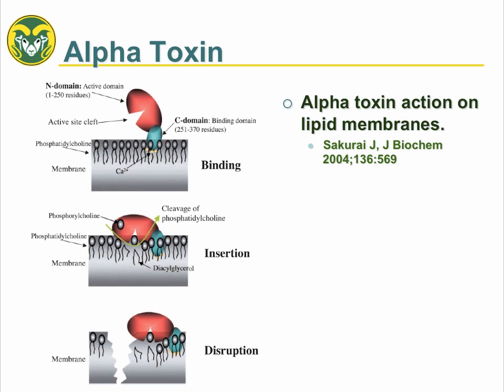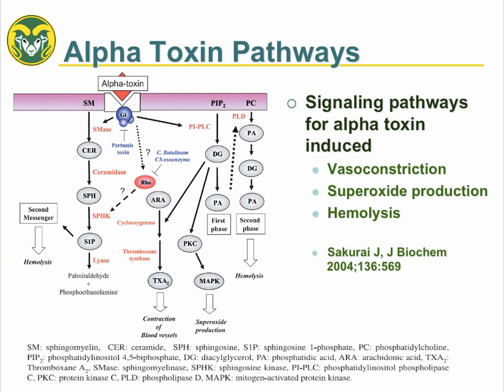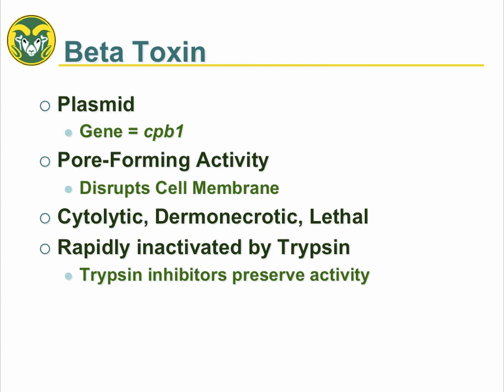This N-terminal domain is the portion that has the enzymatic activity that breaks down the lipid bilayer and results in disruption of the cell membrane. Inside the cell, alpha toxin pathways involve a lot of things going on, but the thing again that I really want to point out is that we get thromboxane production, the arachidonic acid cascade, and that whole inflammatory pathway as well. So a lot of things are happening inside those cells.